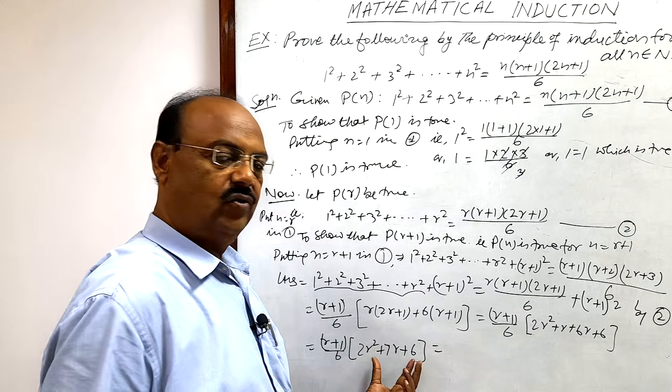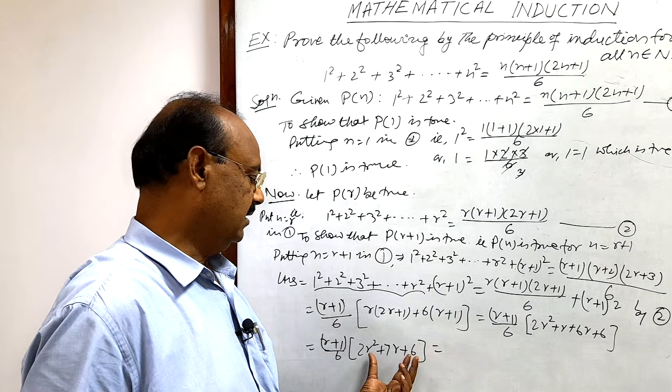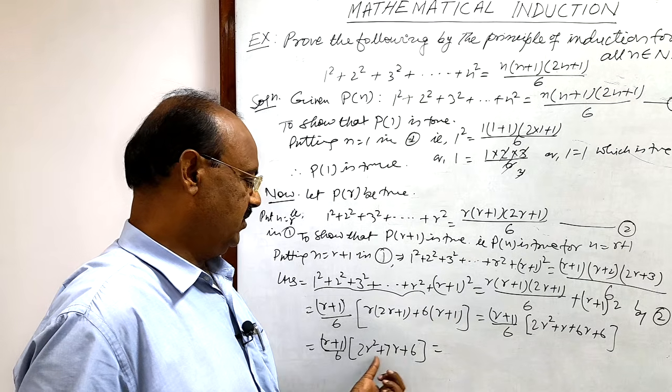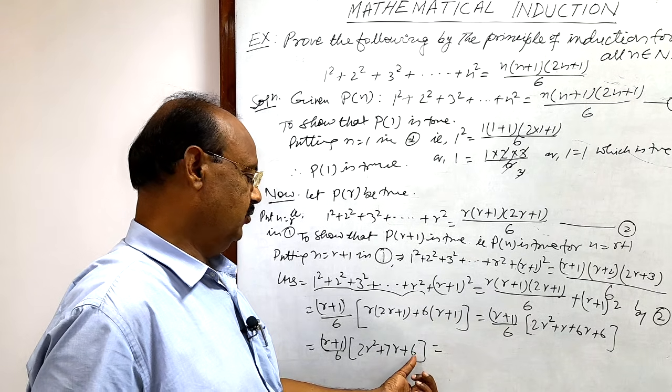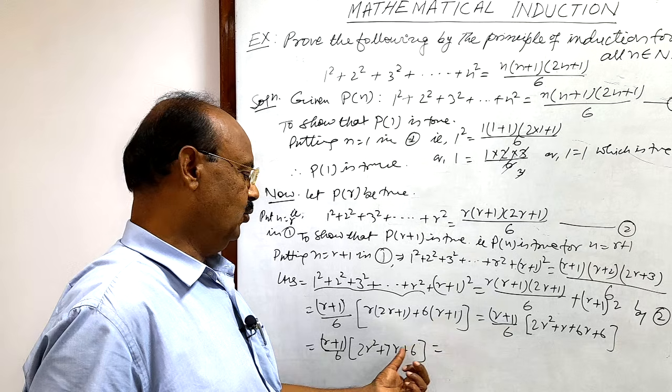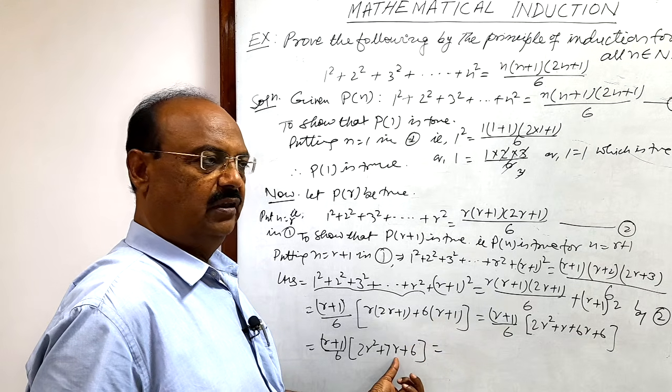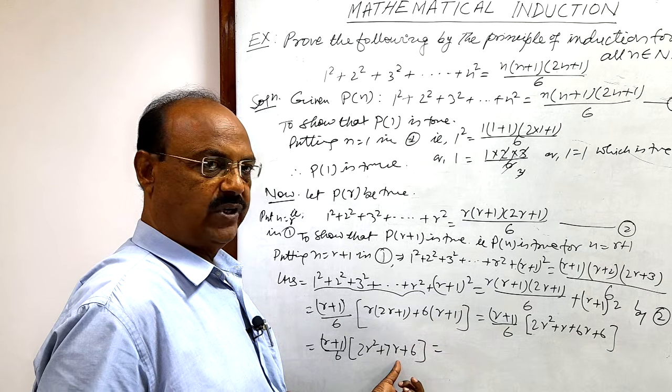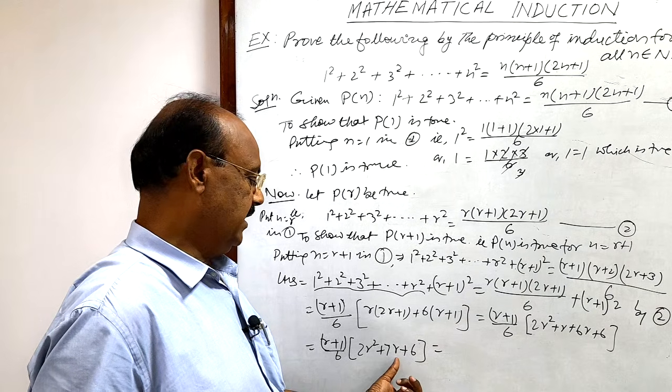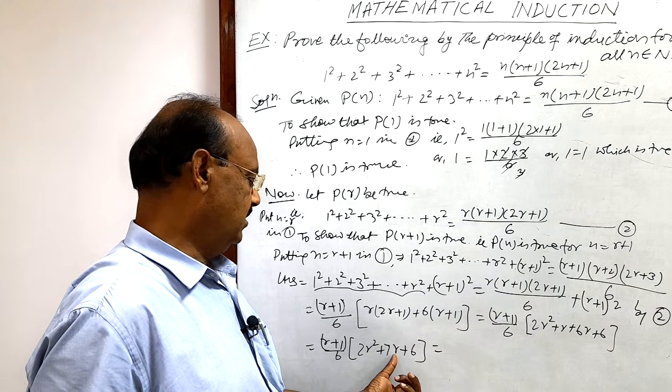This is a quadratic expression, so we have to factorize it. Multiplication of first and last is 12r square. So we have to break 7r in such a way that addition will be 7r and product will be 12r square. So this can be written as 4r plus 3r.